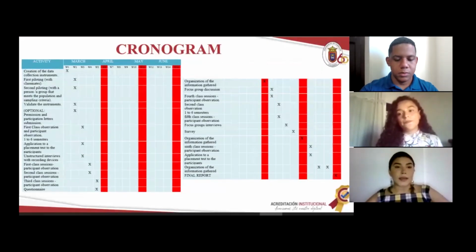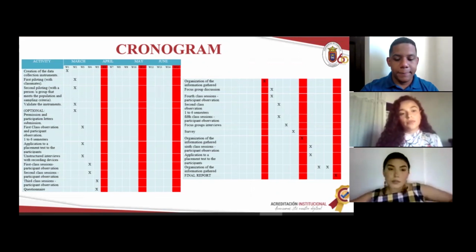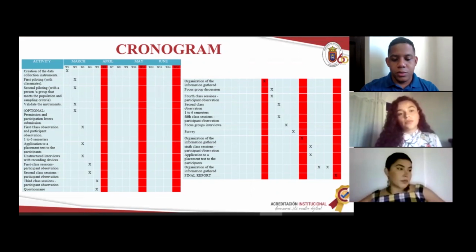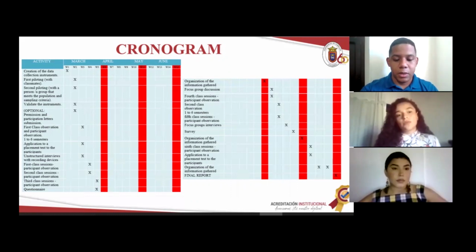Finally, this is our chronogram of activities that will be carried out next semester to collect the data needed. Well, we're going to start with the creation of the data collection instrument, to have in mind the instructions for the correct use to reduce any error.